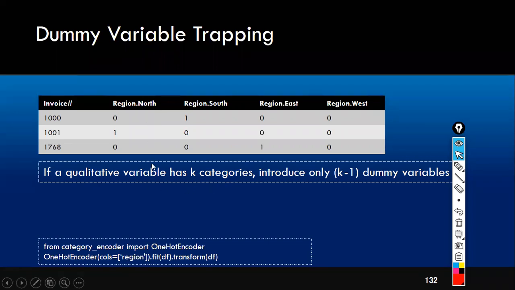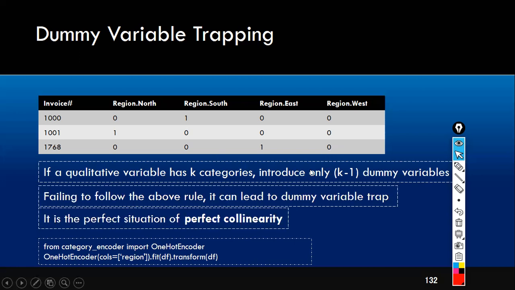If that has k categories, in this case 4 categories, introduce only 4 minus 1 dummy variables. So 4 minus 1 is 3, right? So 1, 2, 3, not 4. If you have 4, it can lead to multicollinearity. You need to remember this simple thing. Failing to follow the above rule can lead to the dummy variable trap, which is the situation of perfect collinearity. I mentioned it here itself, right?